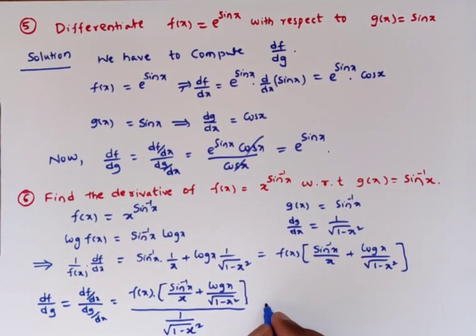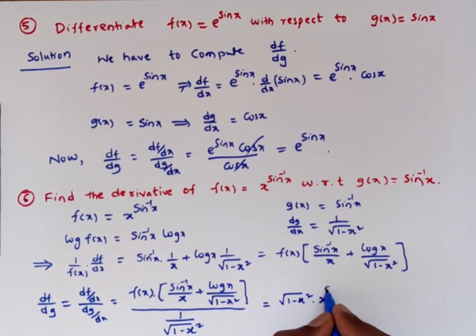Now finally this is f of x, or 1 by root of 1 minus x square can be written as root of 1 minus x square. I brought it to the numerator, into f of x. f of x is nothing but x power sin inverse of x into this part as it is.